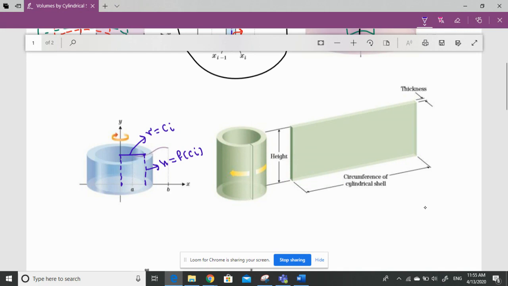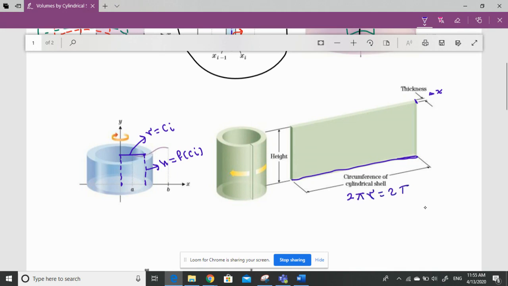If I take this cylindrical shell with thickness delta x and open it as a rectangle, as you see here, I have three things. The thickness, delta x, and the length, which is the circumference of the cylindrical shell, which is 2 pi r.